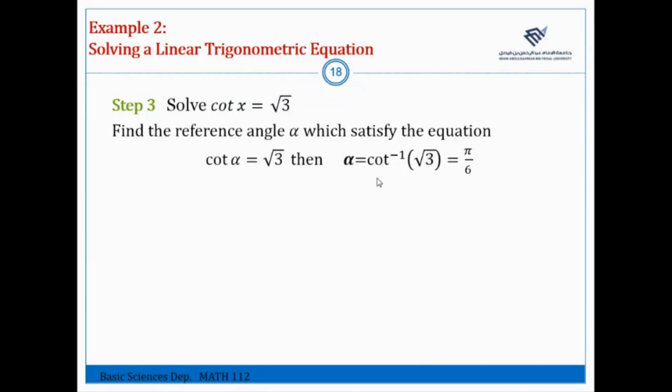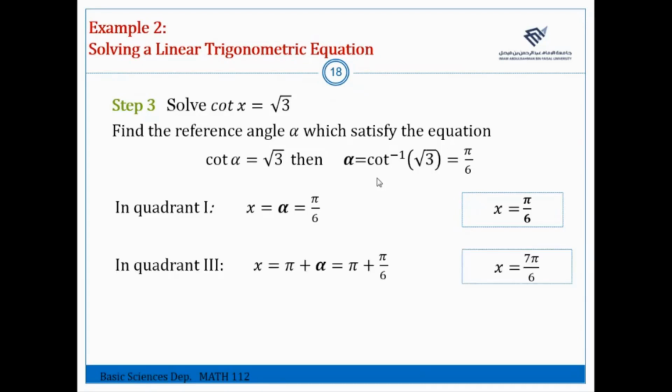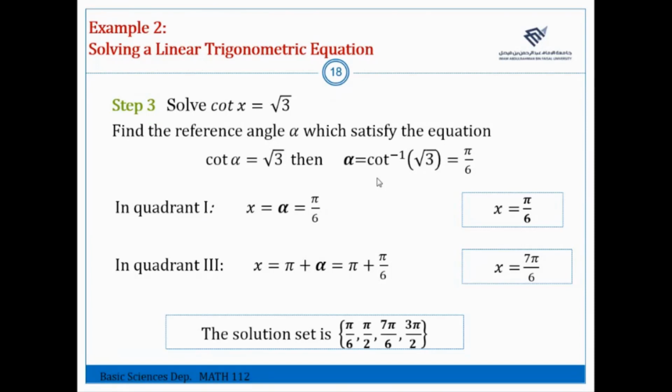Cosine is positive, so we have two quadrants: either quadrant 1, x equals alpha, or quadrant 3, x is pi plus alpha. Okay, so this is the first type of complicated equation. So we have four solutions in 0 to 2 pi.